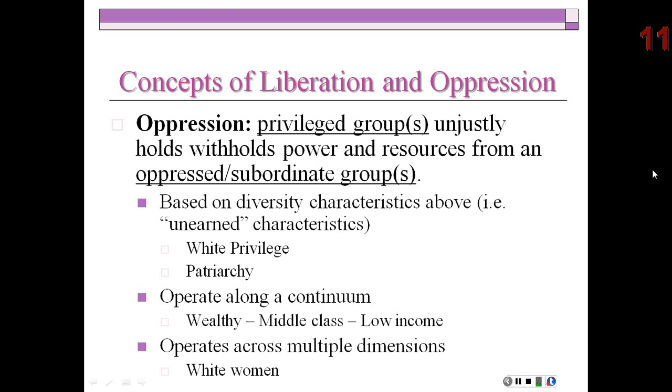So that's a clear example of oppression, where again a privileged group, in this case white America, withheld power and resources from an oppressed group, and oppression happens across the diversity of characteristics, right? So white privilege is a good example, and this goes across various systems, right?